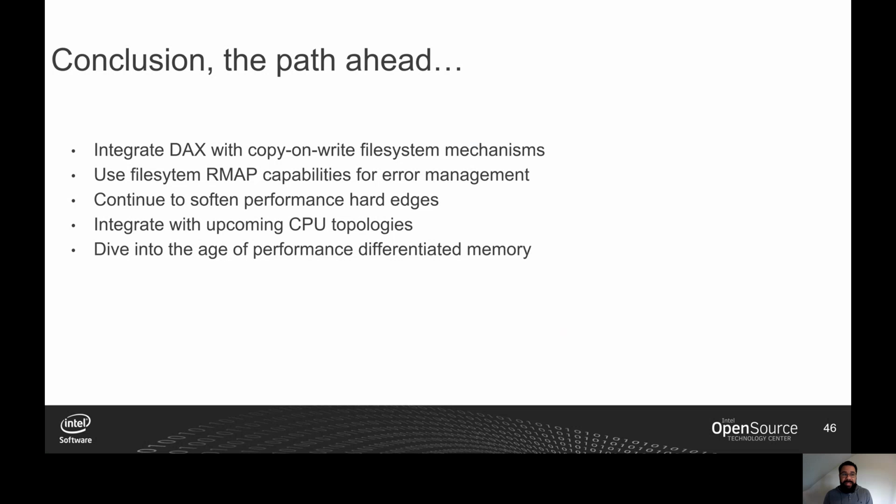The march of hardware goes on, and we continue to integrate with new CPU technologies, and PMEM has kind of launched this entirely new age of performance differentiated memory, whereas before maybe you only had to worry about NUMA, but now you have to worry about NUMA and other performance characteristics of your memory.